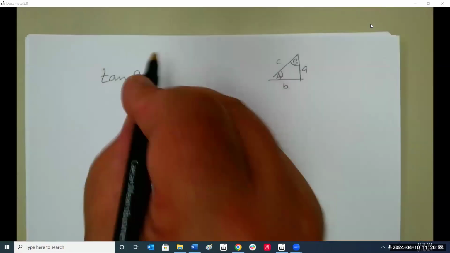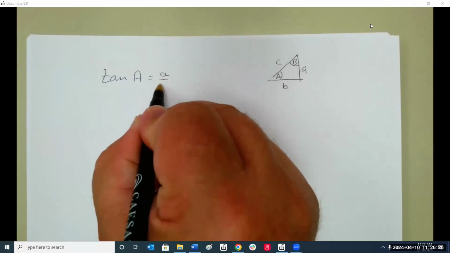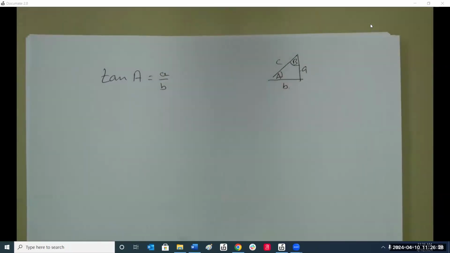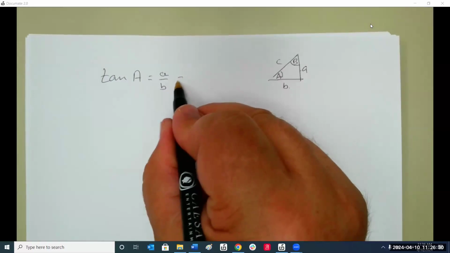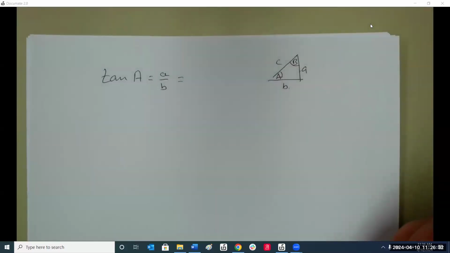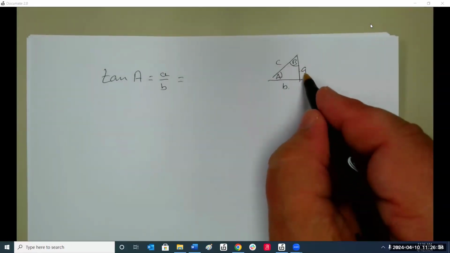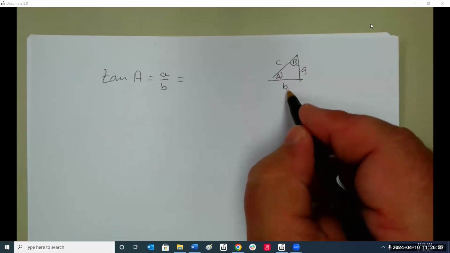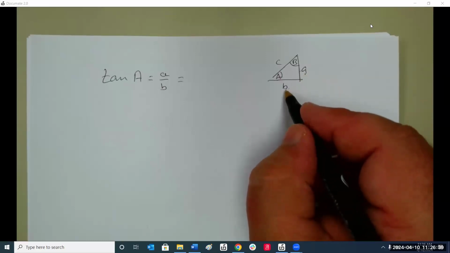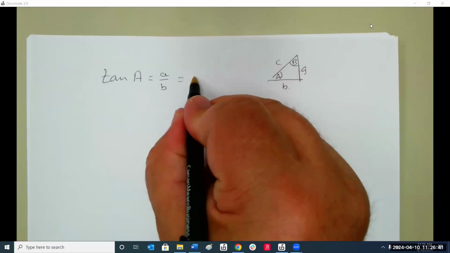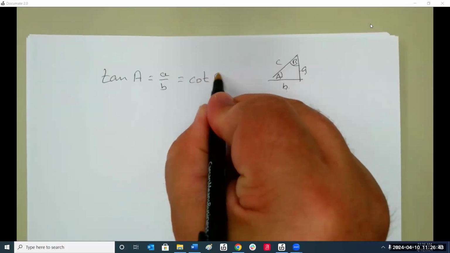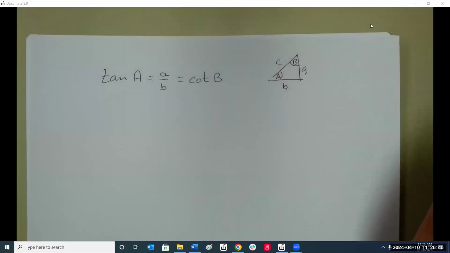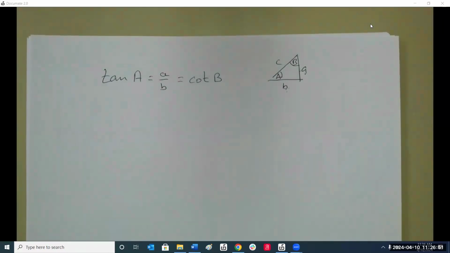Opposite over adjacent. What is that equal to with respect to B? Adjacent over opposite. The cotangent of B. Sine and cosine are cofunctions. Tangent and cotangent are cofunctions.